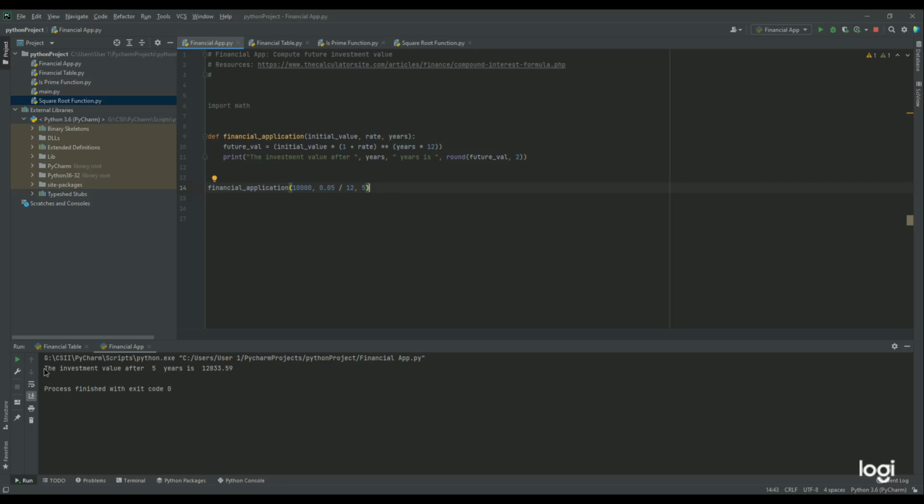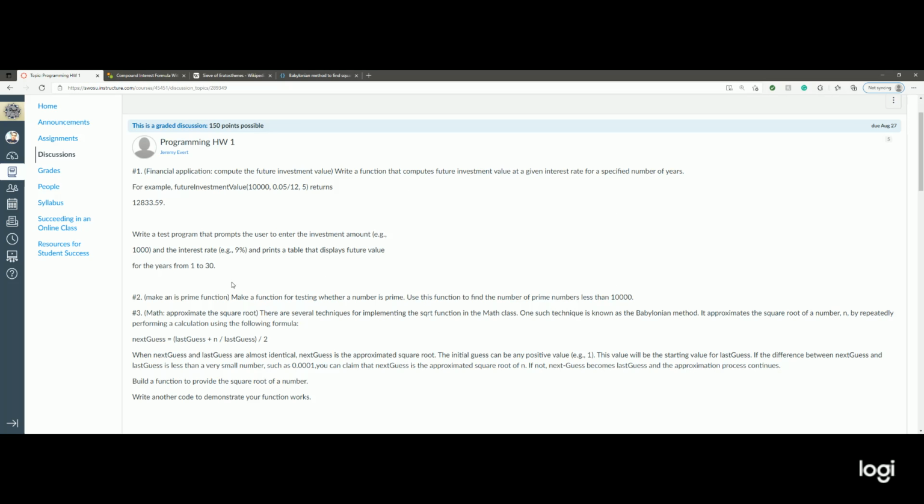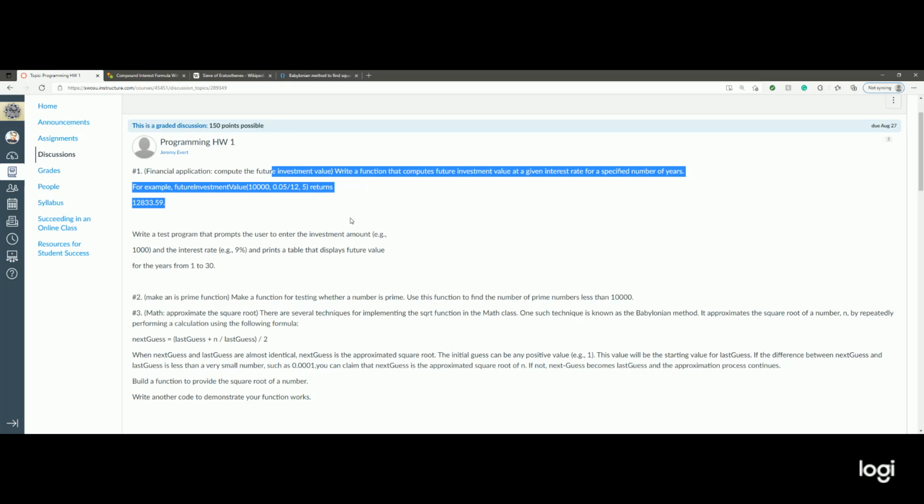As you can see here, it gave us that the investment value after 5 years is 12,833.59. So we'll go back over to the homework and verify that that is correct, and it gives us the same exact value. So I assume that my function has worked for what they require.